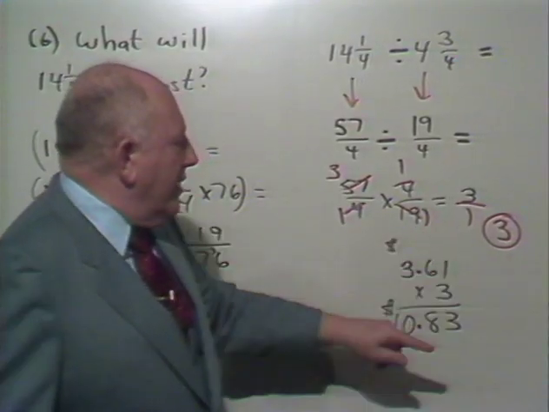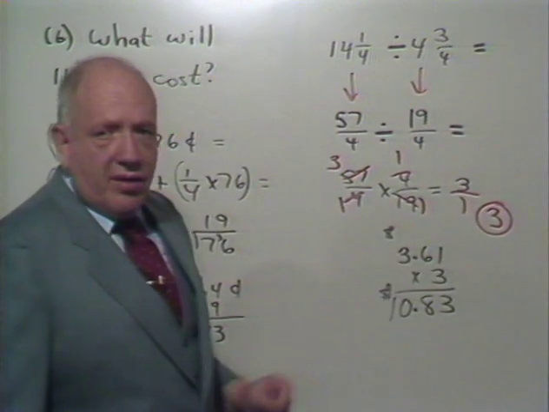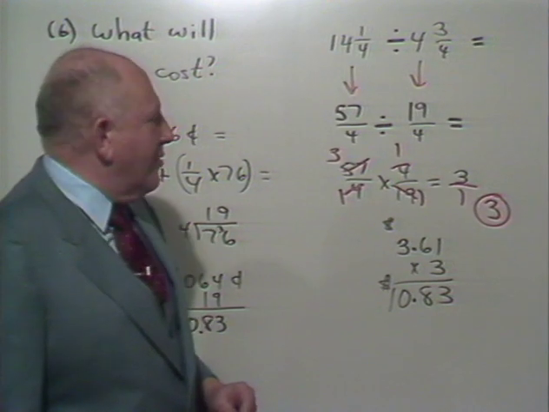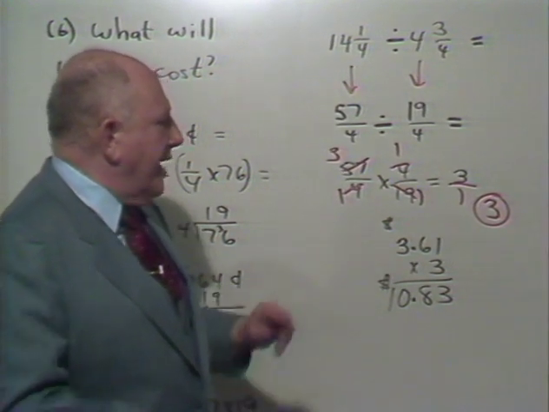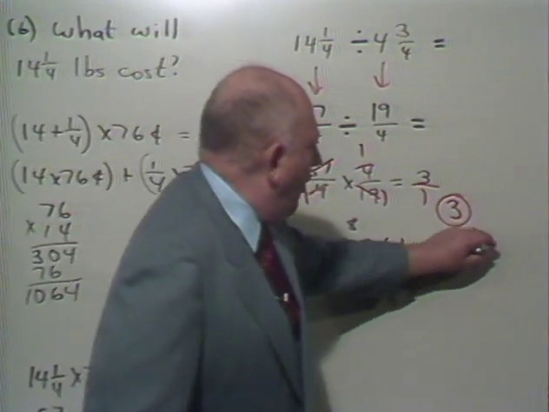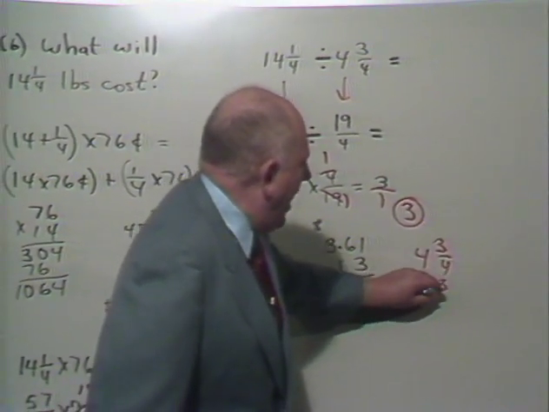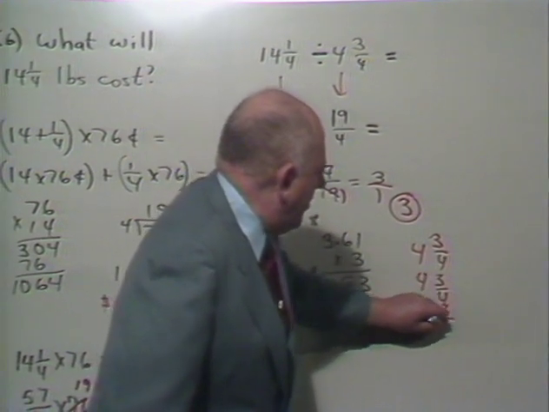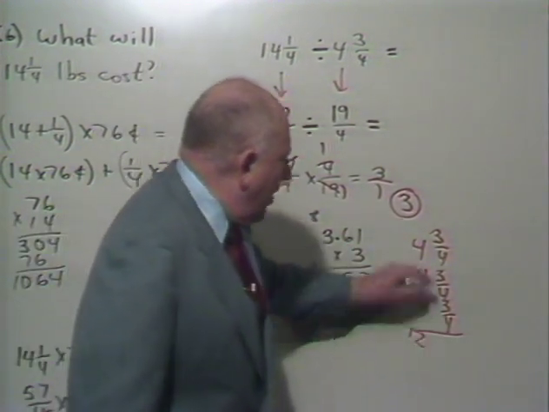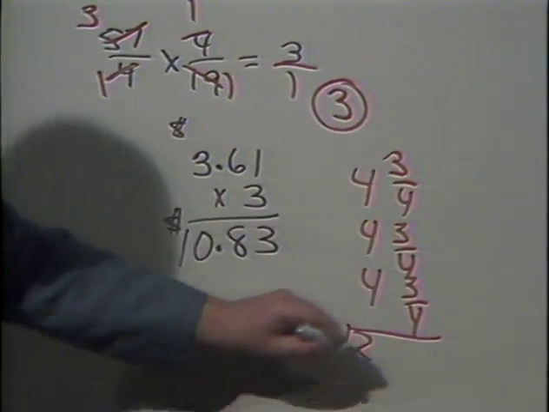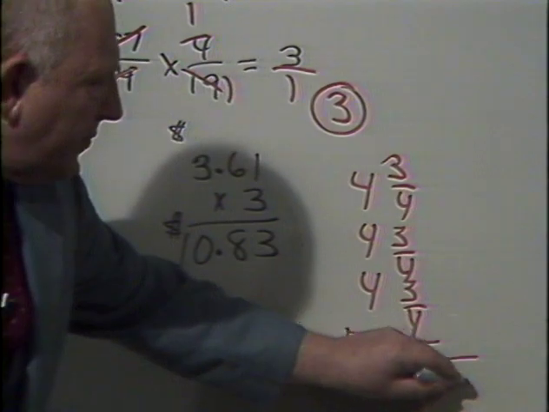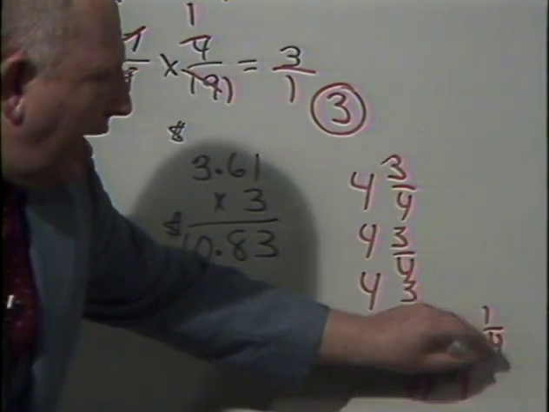And that says what? There are 3 bundles of 4 3/4 pounds in 14 1/4 pounds. And we're going to check that in a second. I think we have time to check that. Let's actually take 4 3/4 3 times and see what happens. 4 plus 4 plus 4, that's 12, isn't it? 3/4 and 3/4 and 3/4 is 9/4. 9/4 is 2 1/4.